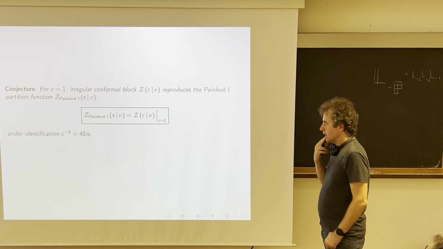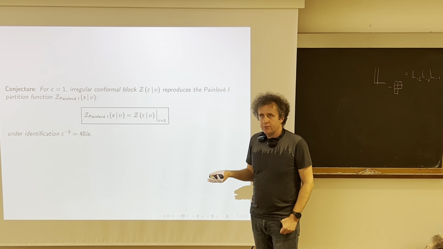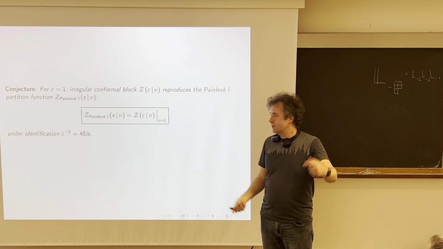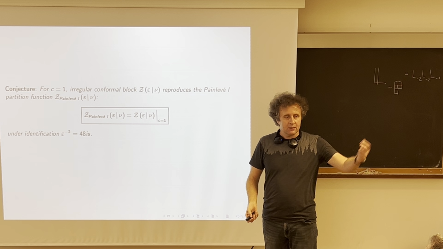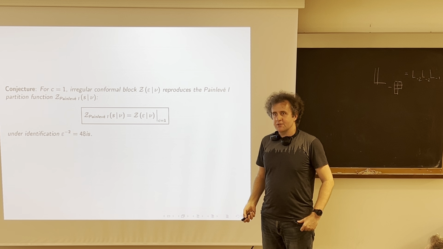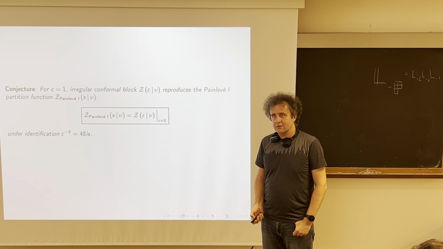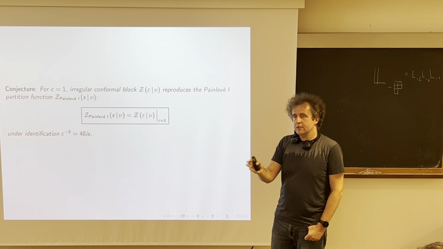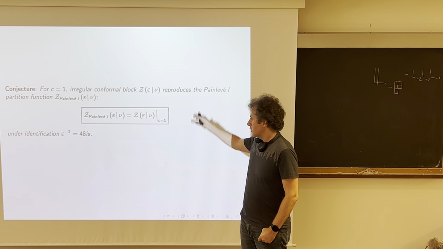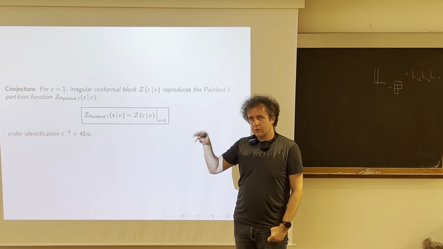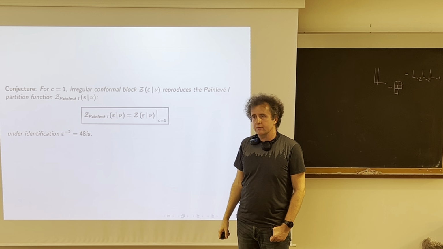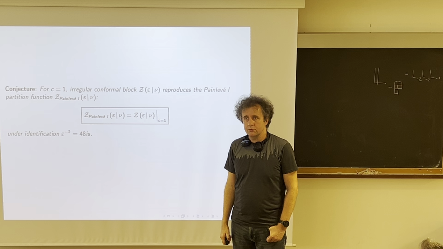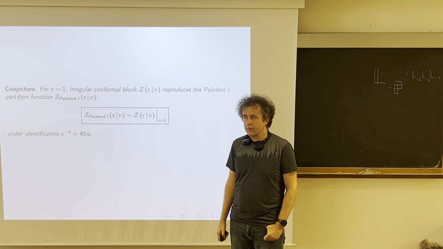You can kind of guess. But in general, if you ask me how to fuse this I 5/2 with another sufficiently complicated irregular state, I don't know. So this is actually the main question if you want to have this construction for all the other remaining Painlevé equations. Yeah. So the question is about how to do this irregular fusion.